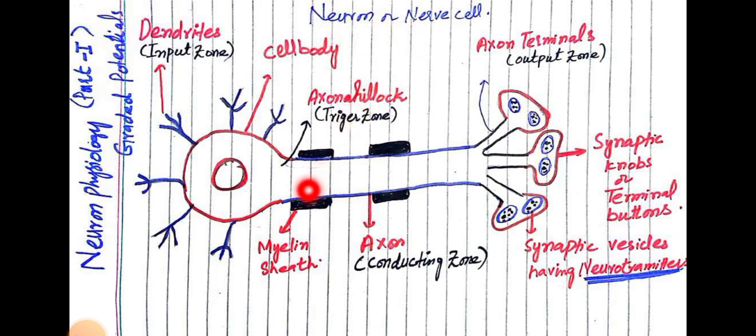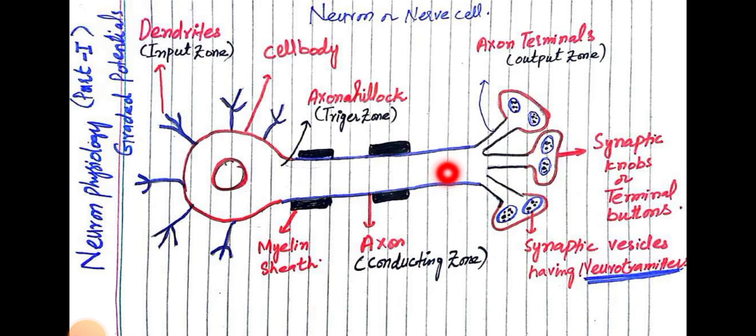A nerve cell or neuron consists of an expanded portion, that is the cell body, and a single long branch, the axon. The junction of the axon with the cell body is the axon hillock. It is the trigger zone, and the axon itself is the conducting zone.